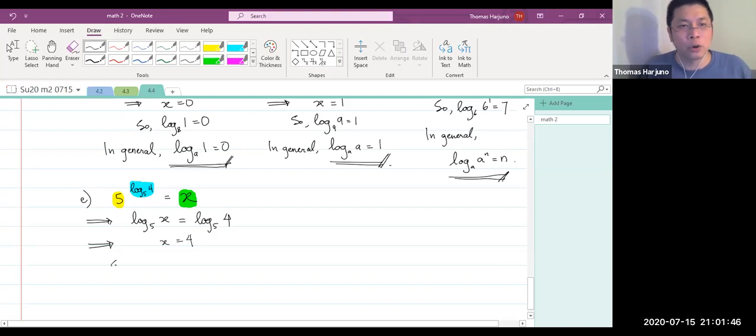So 5 to the log base 5 of 4 is equal to 4. In general, a to the log base a of x equals x.